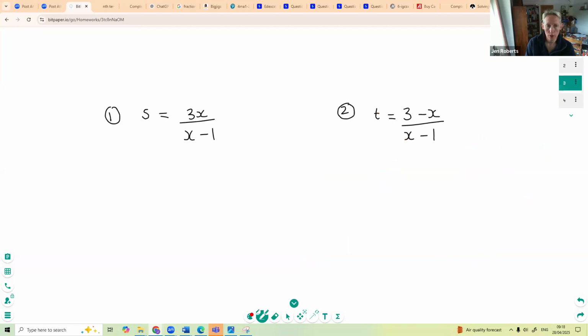Let's look at a couple more questions. First step here, I'm going to times both sides by x minus 1. Then I'm going to expand the brackets. Bring everything with an x on one side, everything else on the other side. So I'm going to take 3x off both sides.